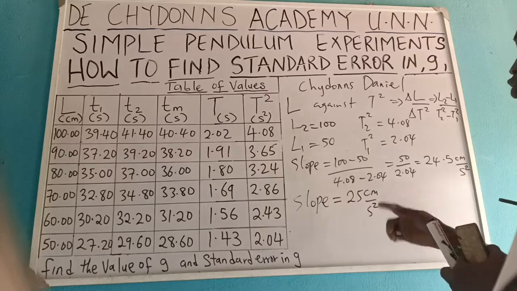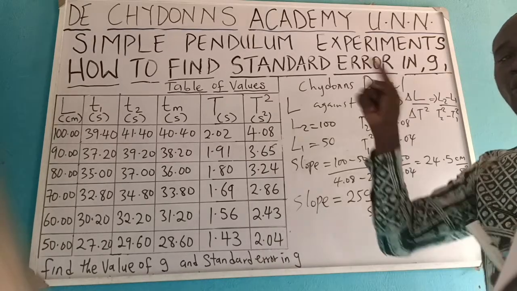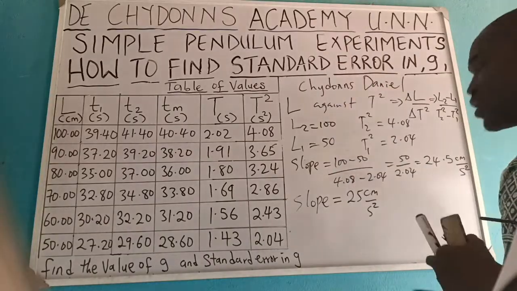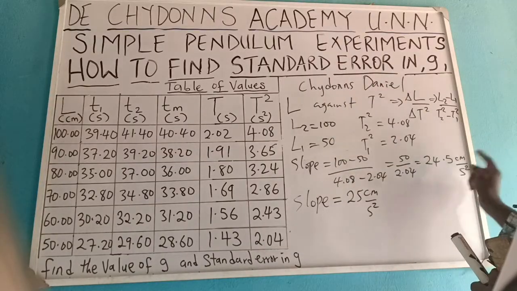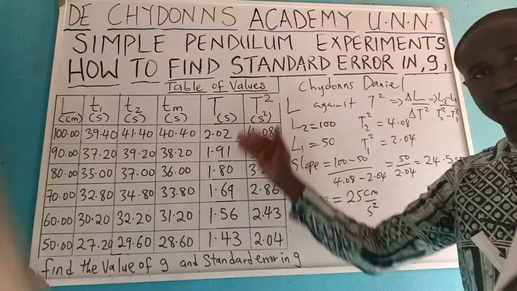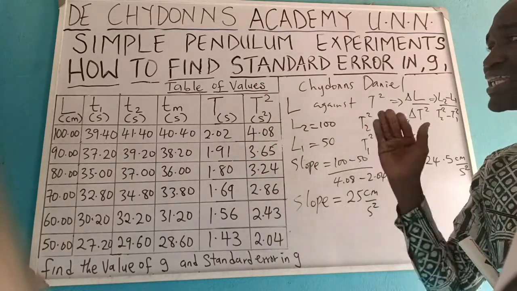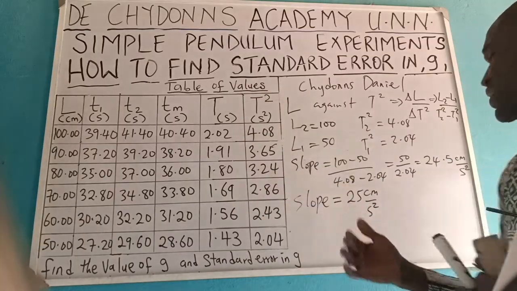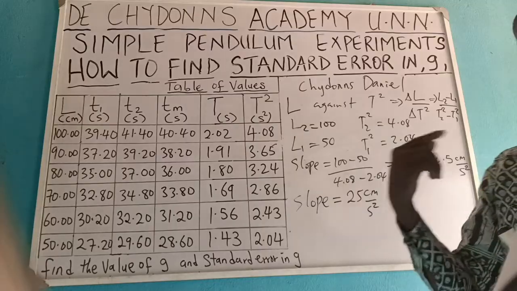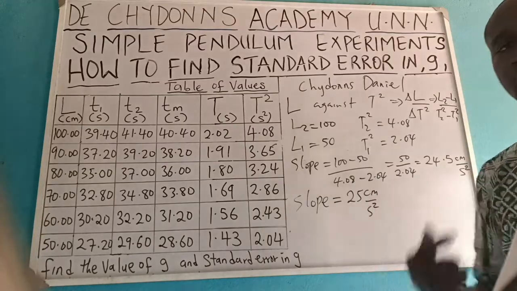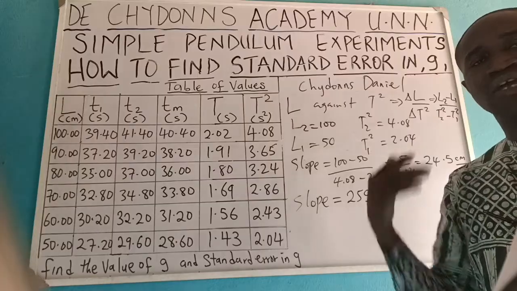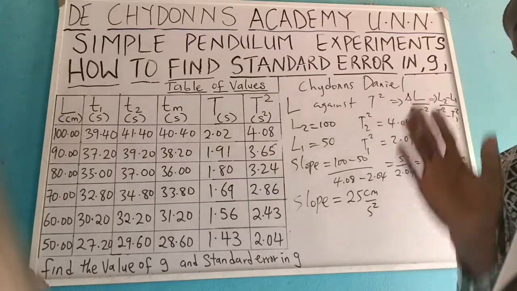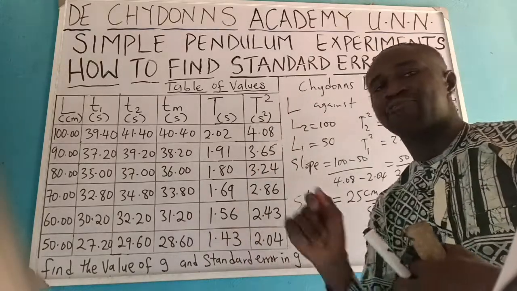Now, I want to be using the 25 I got in that video, so that this video will be a continuation of what I got there. Somebody can use 24 point something depending on what he got from this table. If you use standard graph sheet to plot this graph, you'll be able to get about 24.5, 24.6, 24.7, 24.8, 24.9, 25, depending on the scale you use and how well you manage your scale in your graph plotting.